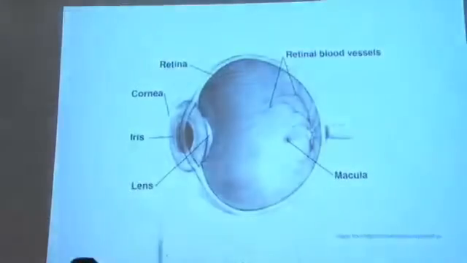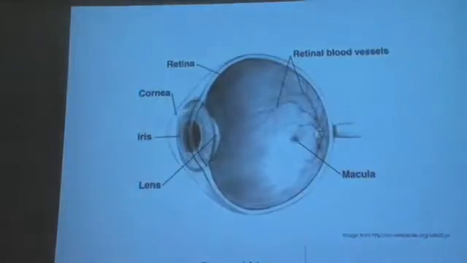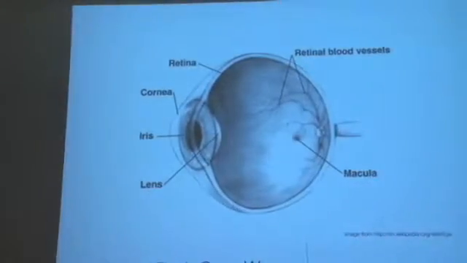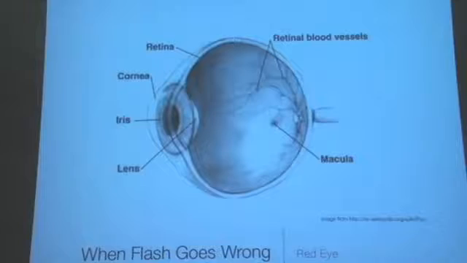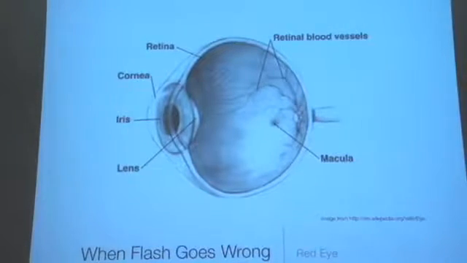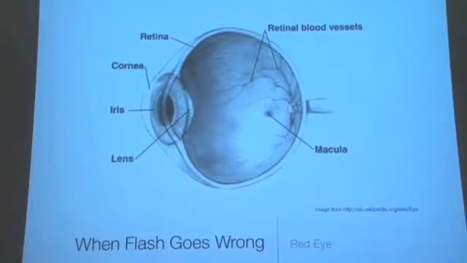So all of the light goes through the iris, reflects off the back of the eye and just comes back out. The back of our eye is actually red in color, and so that's why it looks red: the flash is reflecting directly off the retina, and it looks bad.